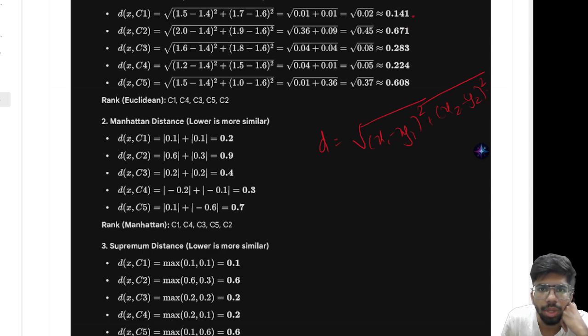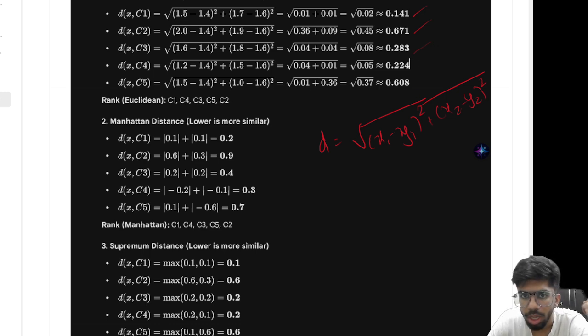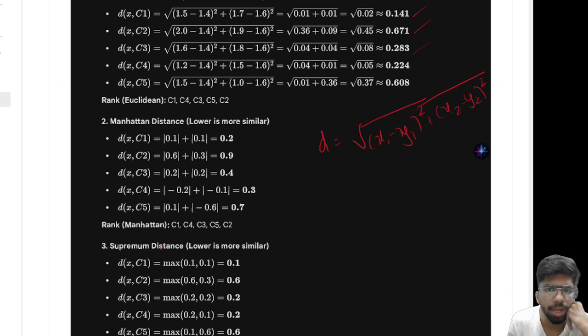D with query and C1 is 0.141, D with query vector and C2 is 0.671, D with query vector and C3, and so on. Now let's rank them in ascending order. So first is C1, then second is C4, third is C3, fourth is C5, and fifth is C2.